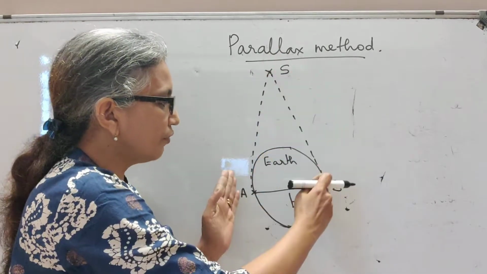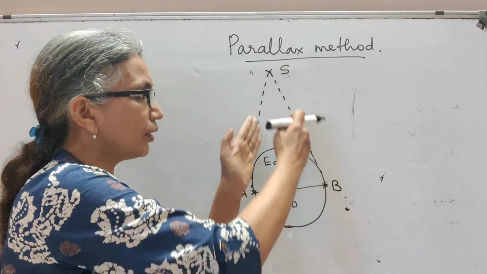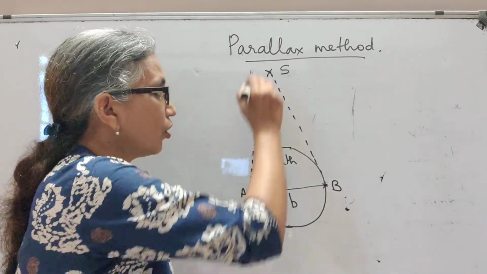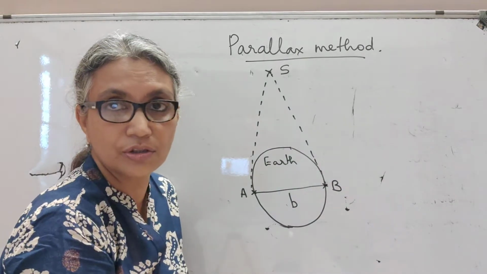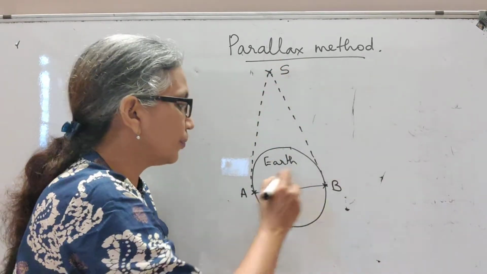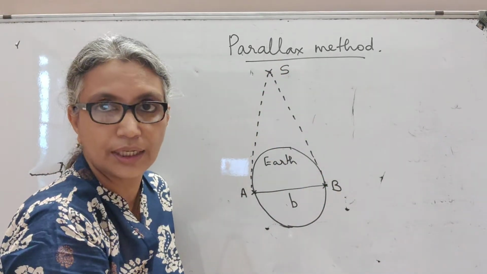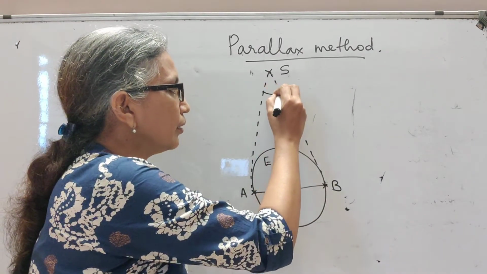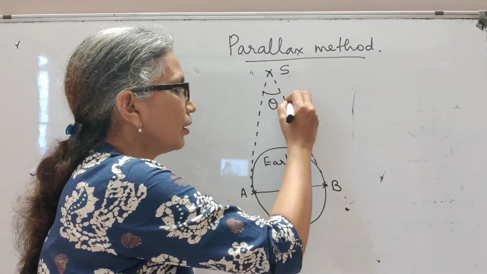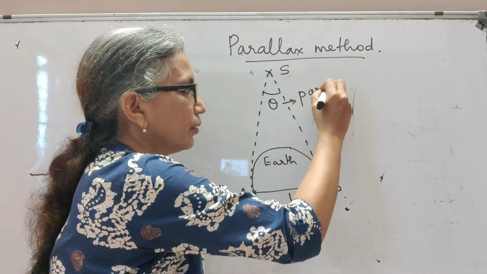So this star is being viewed from two different observatories, and these dotted lines represent the direction of viewing the star from the two observatories at points A and B. This angle is what you call theta, that is the parallax angle.